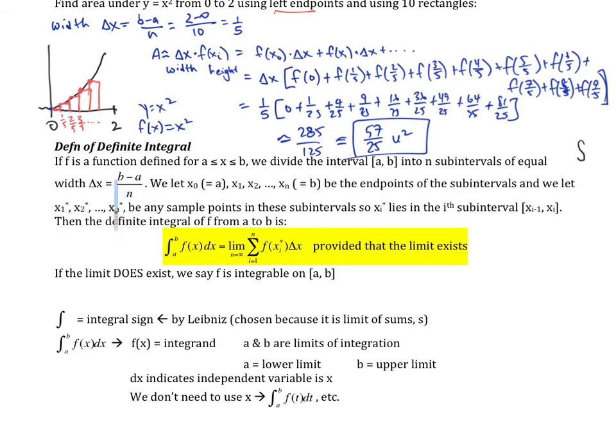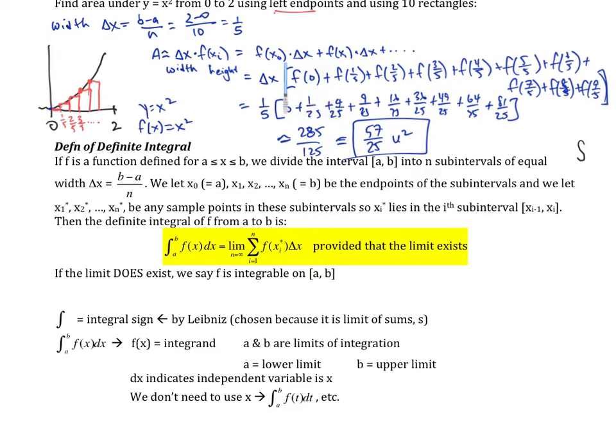I define the width, delta x, to be (b minus a) over n, and we let x sub 0 equal a, so that's our first one, then x1, x2, to be the endpoints of the subintervals, and we let x sub 1 star, x sub 2 star, etc. be any sample points in these subintervals, so that x sub i star is in the ith subinterval.